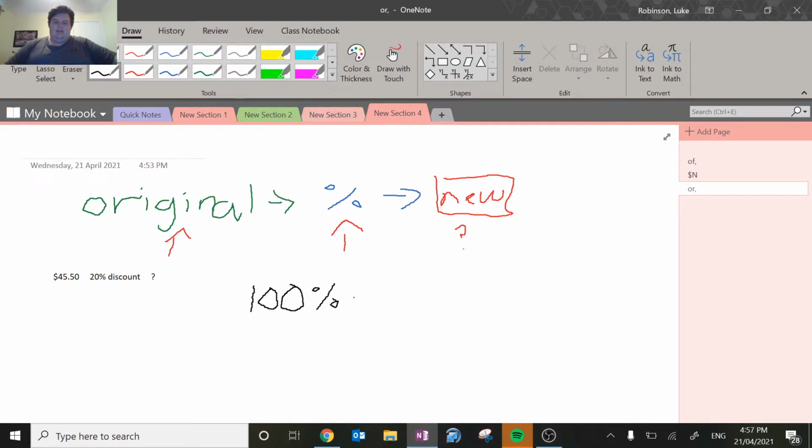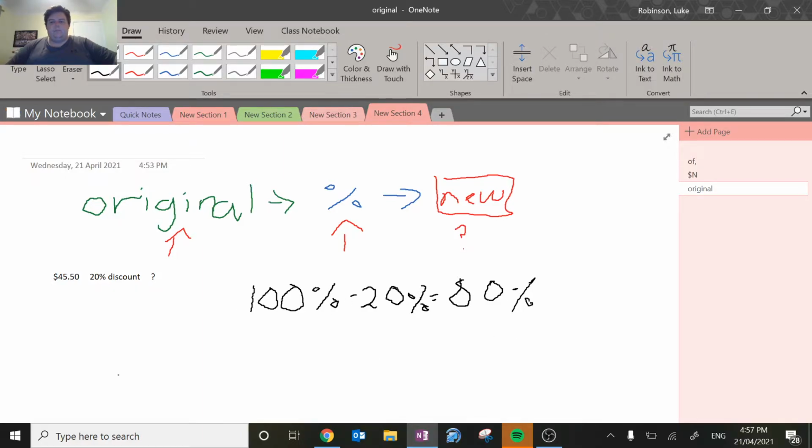So we pay 100%. If we're doing a 20% discount, we subtract away 20% from that 100, and that should leave you with 80%. That's 80% that's left over.